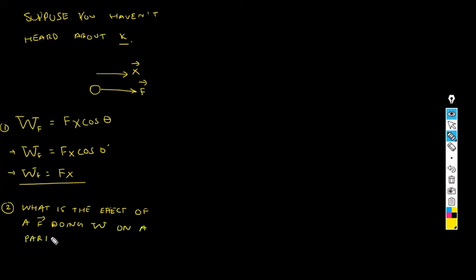What's going to happen if a force F does work on a particle? What's going to happen to this particle when this force does work on it? Let's answer that question. Now, the way in which I'm going to answer is going to sound extremely weird at first, but just bear with me, okay? You're going to understand at the end what I'm doing. I hope so.